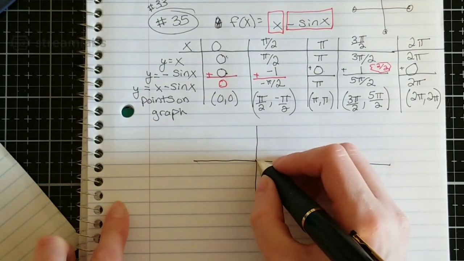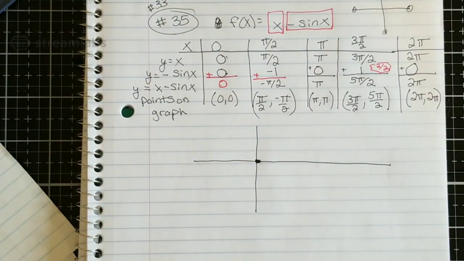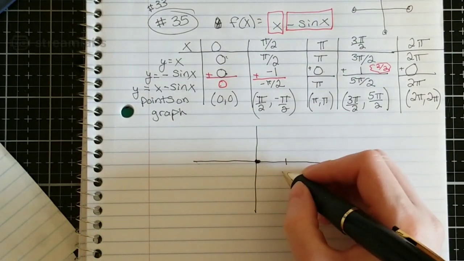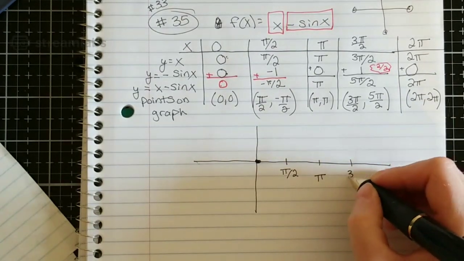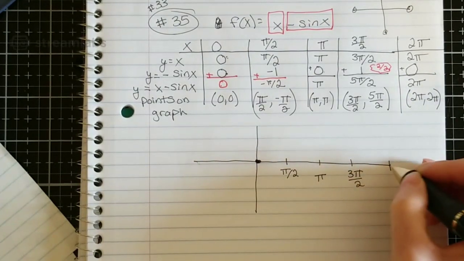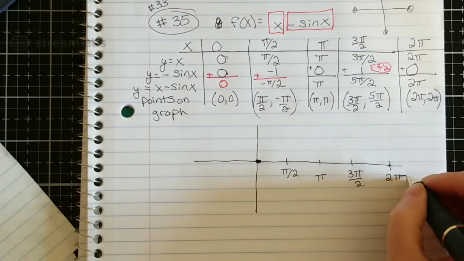All right, so our first one, 0, 0. Then we're going to go ahead and put our things here. So this is pi over 2, pi, 3 pi over 2, 2 pi.